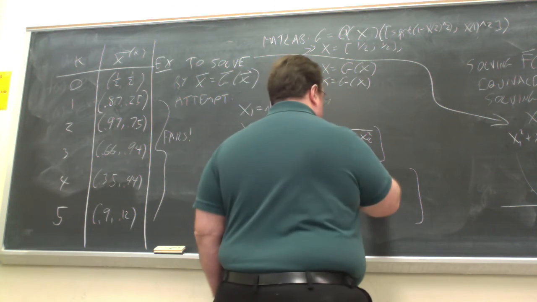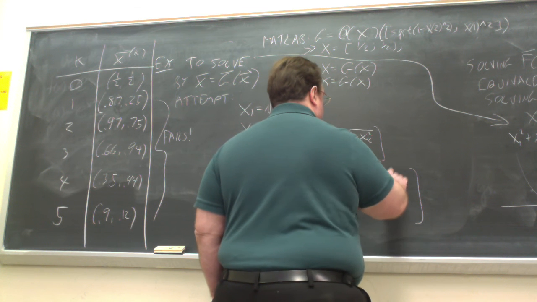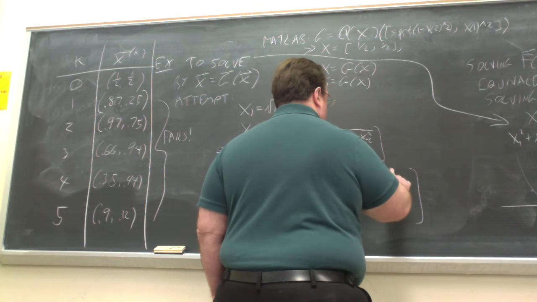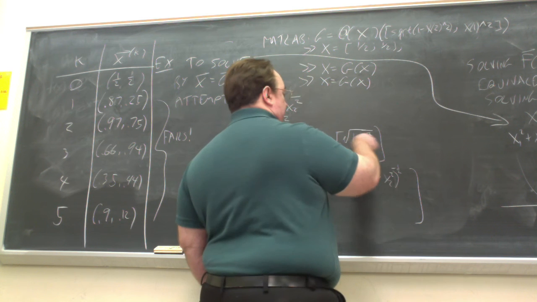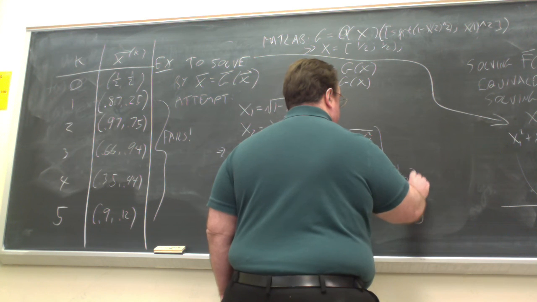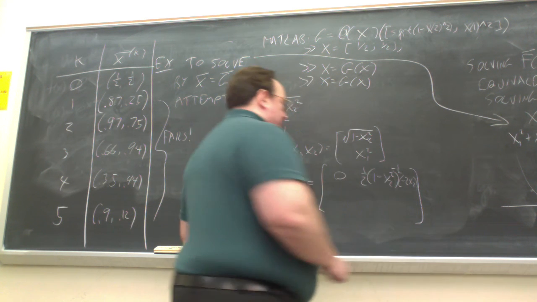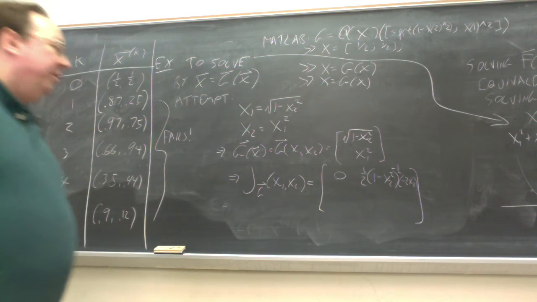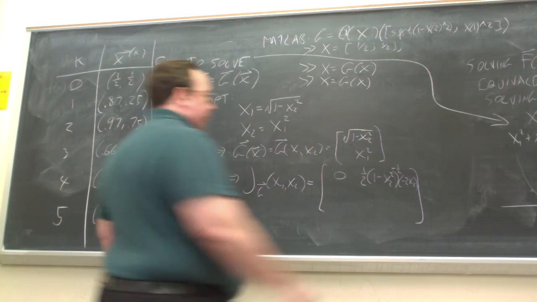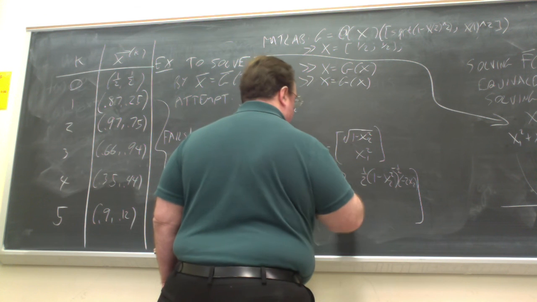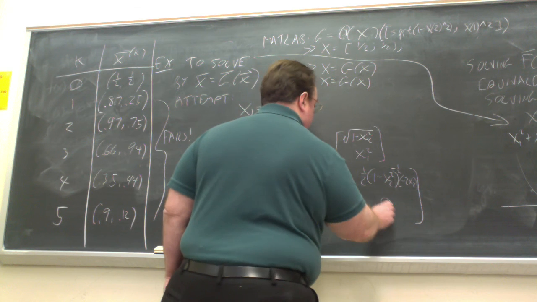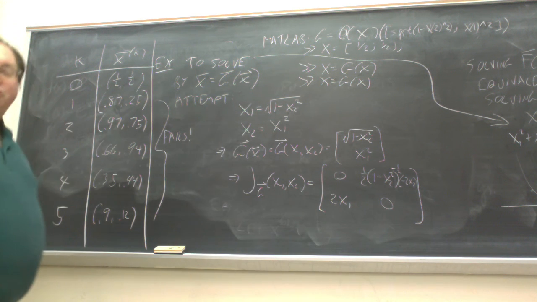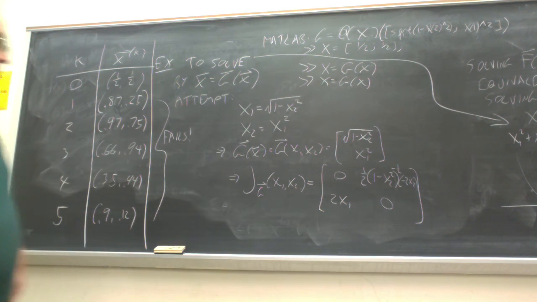So that will give me 1/2, 1 minus x2 squared to the minus 1/2 times minus 2x2, which I can simplify some. And then derivative of this with respect to x1 is 2x1. And then the derivative with respect to x2 would be 0. So that's my Jacobian matrix for this example.